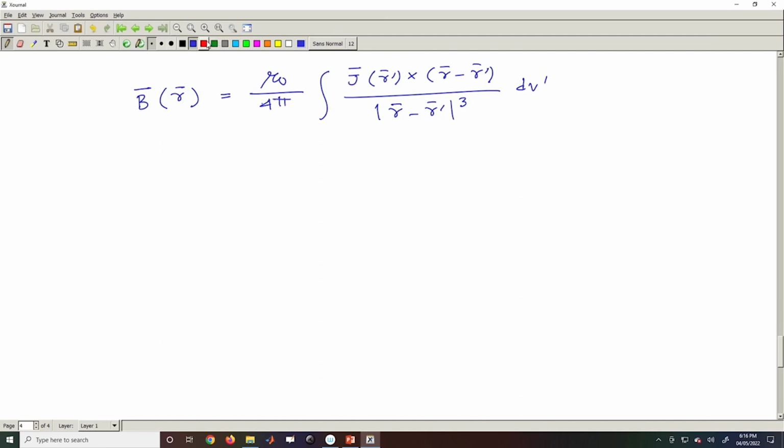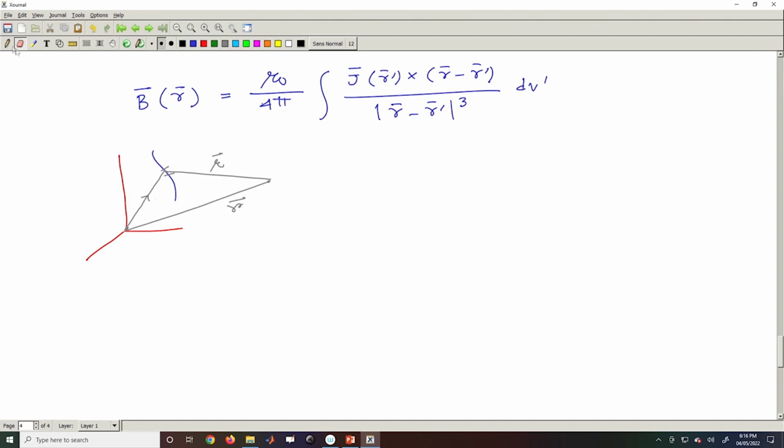Now we know, so what was r? So let me quickly draw the coordinate systems. So here we have a coordinate system and the wire is something here, and the magnetic field I want to find out here. So this is the point. So this is my r, and from the origin to the source point, that is r prime.